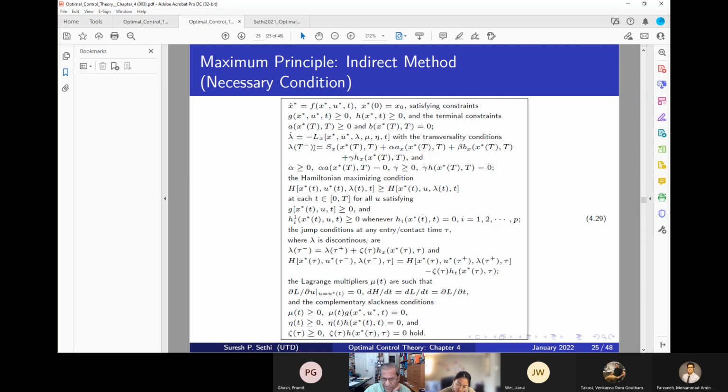And this is the transversality condition on lambda at t minus, and the Hamiltonian is maximized. We already talked about this. Then the boundary conditions and the jump conditions on the Hamiltonian and lambda, or we usually call them continuity conditions on the Hamiltonian and jump conditions on lambda. But as you can see, if h itself depends on time explicitly, the Hamiltonian can also be discontinuous.